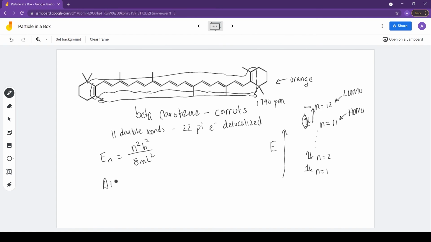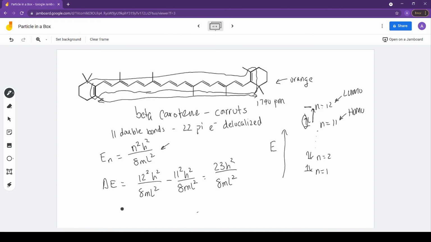So let's do that. The delta in energy is, if we plug in n equals 12 and n equals 11, 12 squared h squared over 8 m L squared minus 11 squared h squared over 8 m L squared. And this gets you 23 h squared over 8 m L squared.